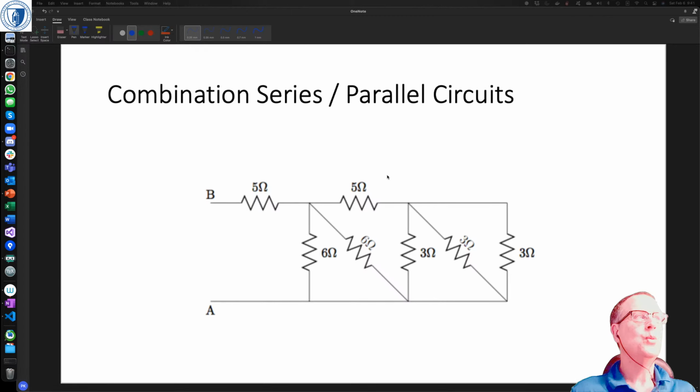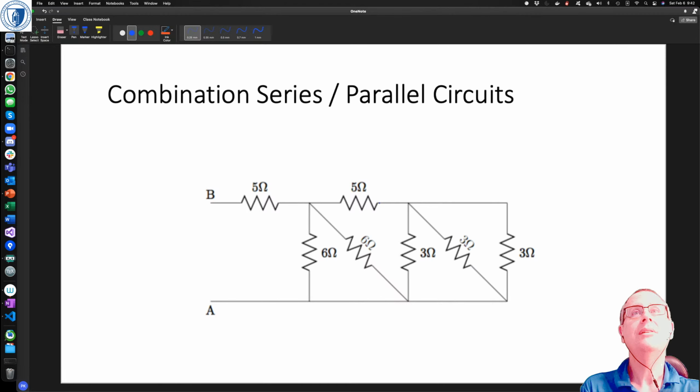So one of the nice things about being able to recognize series and parallel circuits is that you can take a circuit like this and eventually turn it into a single equivalent resistance. Right? So let's have a go at, I'll just work through this. So if we've got, let's identify the nodes first.